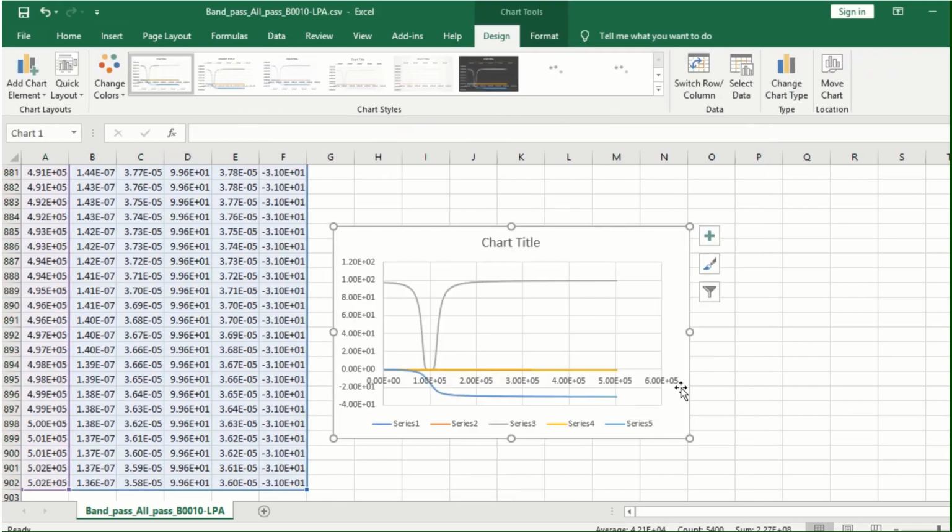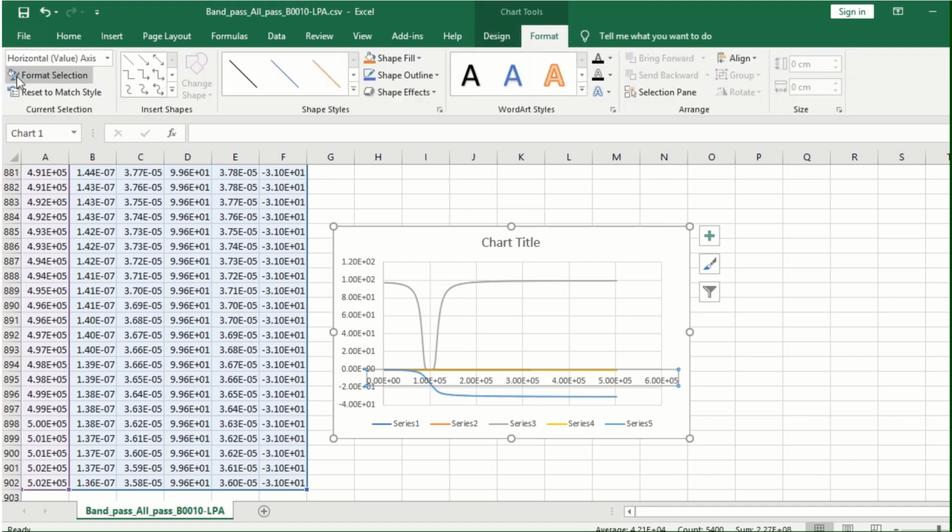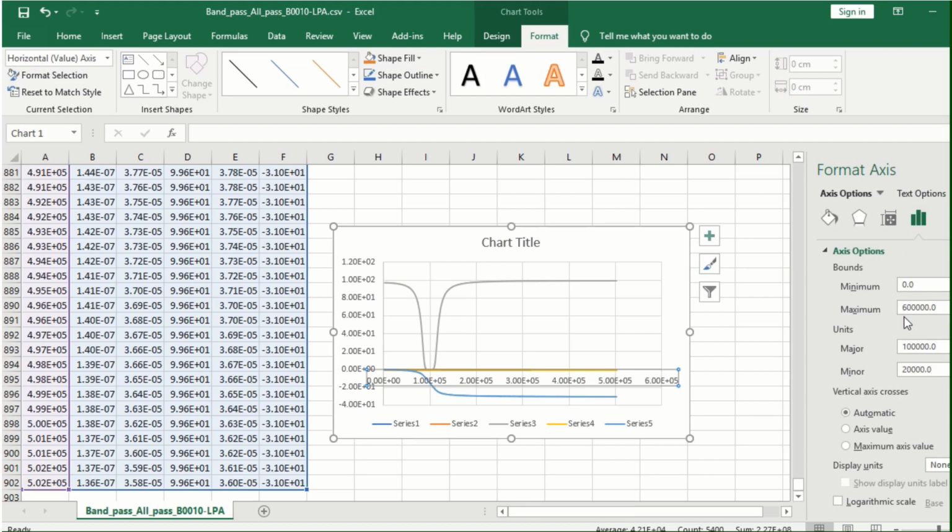Here it is. We will stretch a little bit the frequency axis to 200 kilohertz.